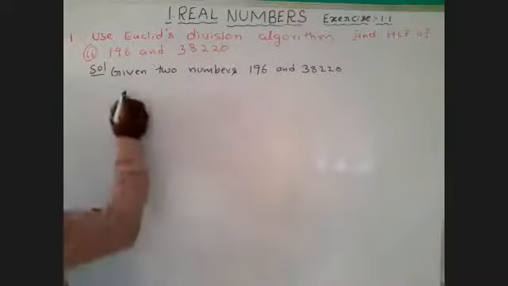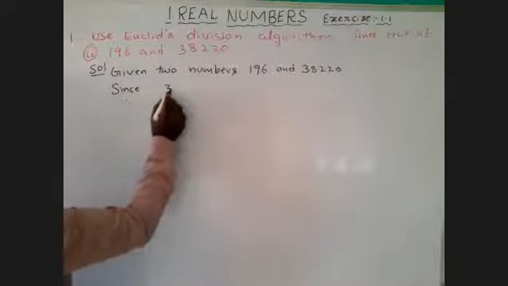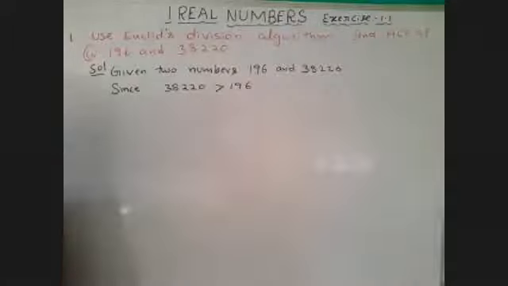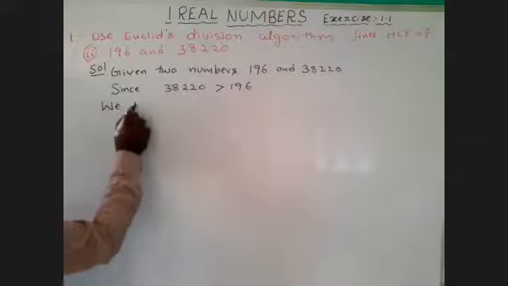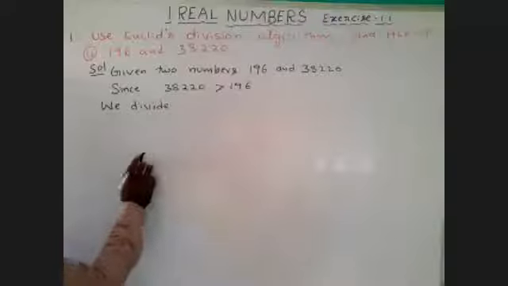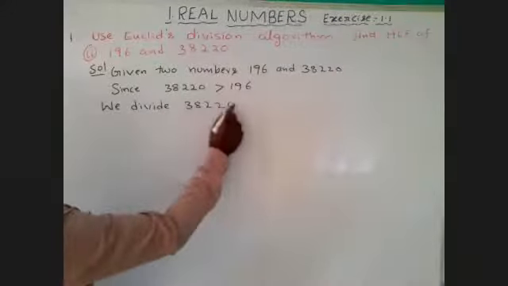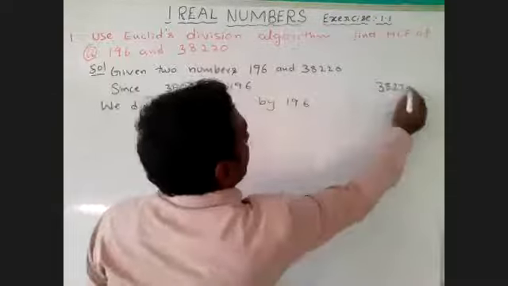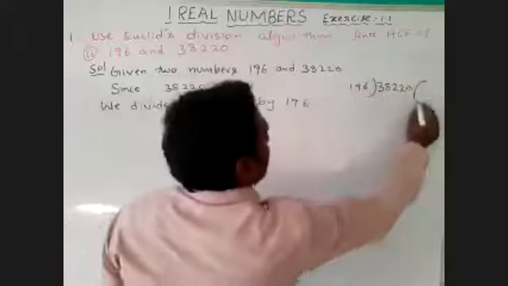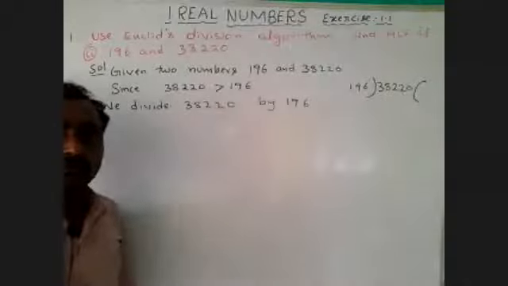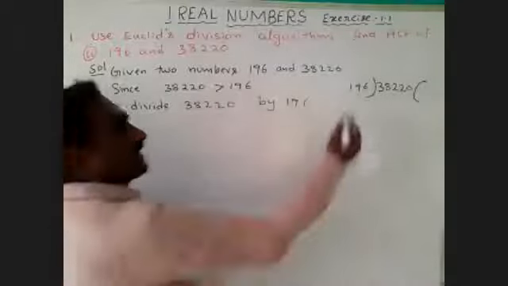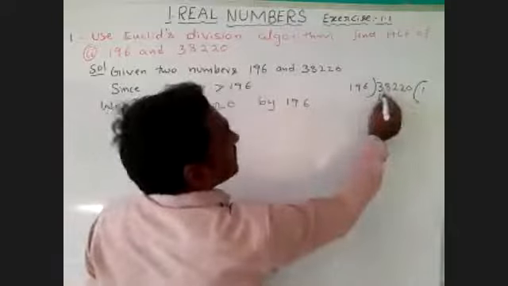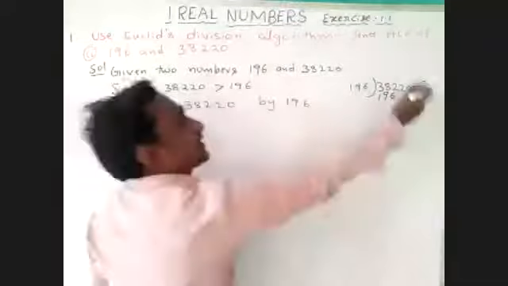Here 38,220 is greater than 196. So we divide 38,220 by 196. 196 twos are more than 382.